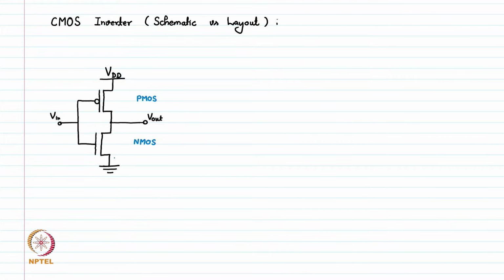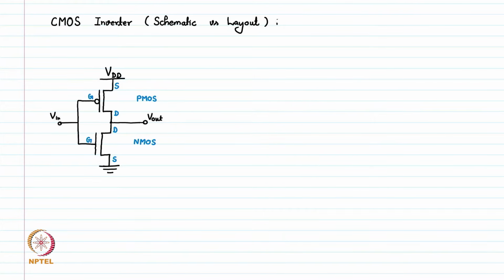For the NMOS, we have the source connected to ground, the gate is here and the drain is on the top. Similarly, for a PMOS, we connect in such a way that the source is connected to VDD here, the gate is here and the drain is on the bottom. So if we see, both the drains of these devices are connected together at the terminal V out.